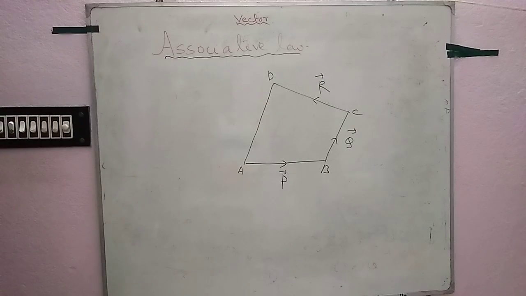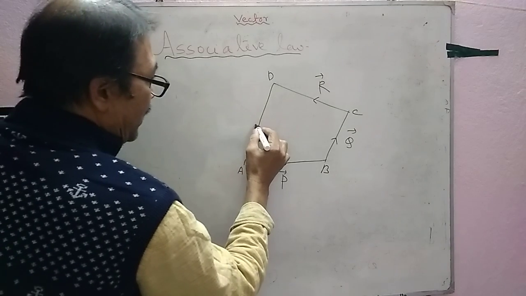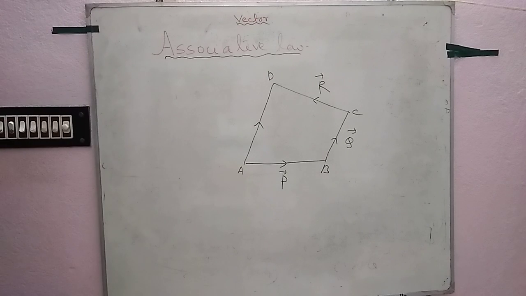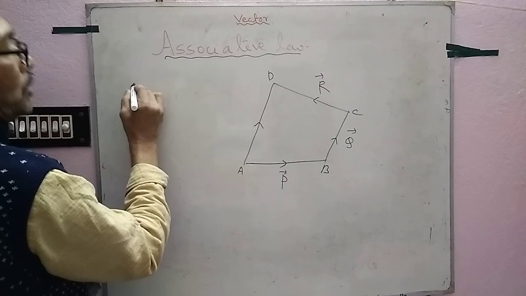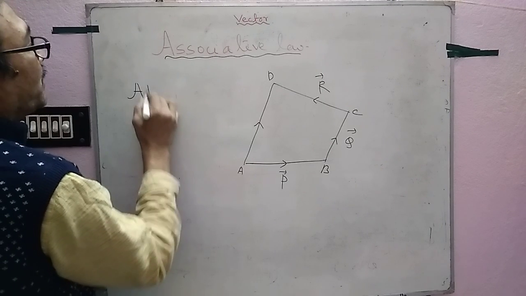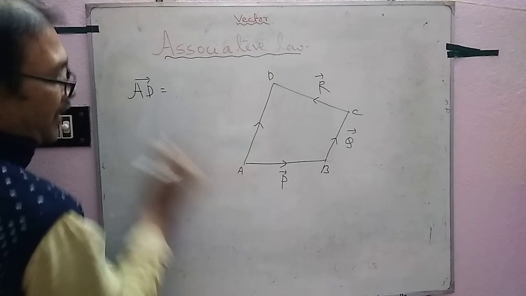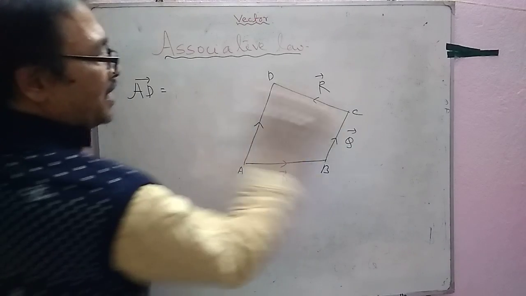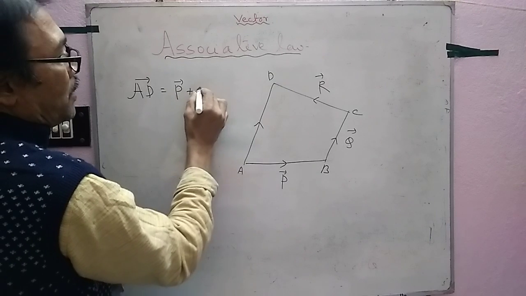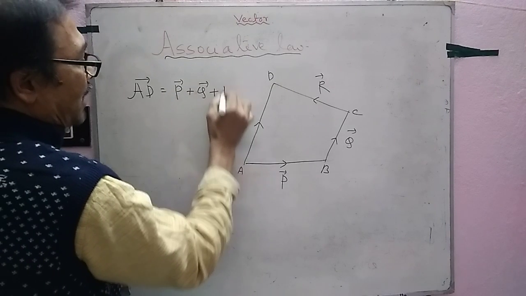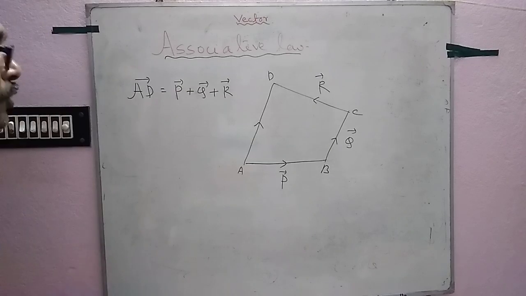According to the polygon law of vector addition, from this figure, the resultant vector AD equals AB plus BC plus CD. So AD equals P vector plus Q vector plus R vector. This is the polygon law.